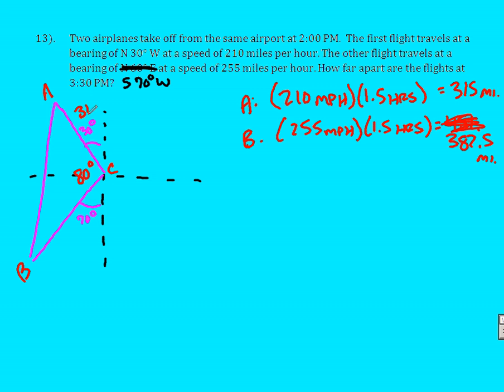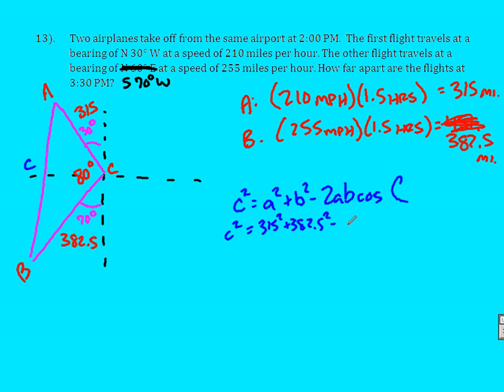So now we have our distances here. This guy went 315. This guy's gone 382.5. So now we need to just plug and chug our answer using the law of cosines yet again. So I want to find little c because that's this distance that they are apart. It'll equal a squared plus b squared minus 2ab cosine of big C. C squared will equal then, plug everything in, 315 squared plus 382.5 squared minus 2 times 315 times 382.5 times cosine of 80 degrees.